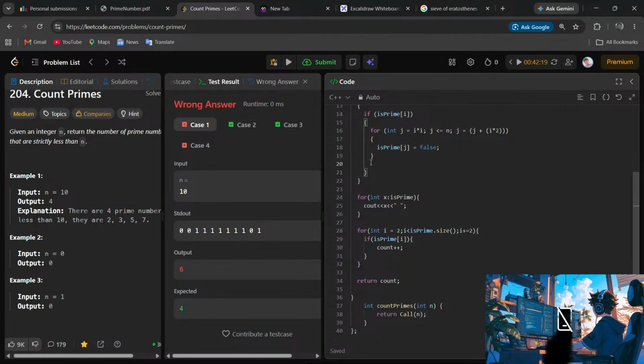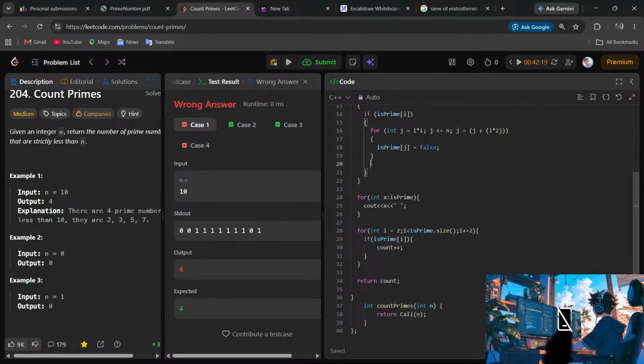As I want to check for 15 directly, I want the next odd number. This is my odd number, and for the next odd number I will take 3 and multiply it with 2. So this will give me 6. So 9 plus 6 is 15.